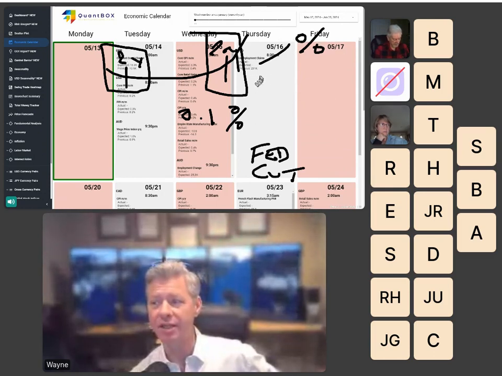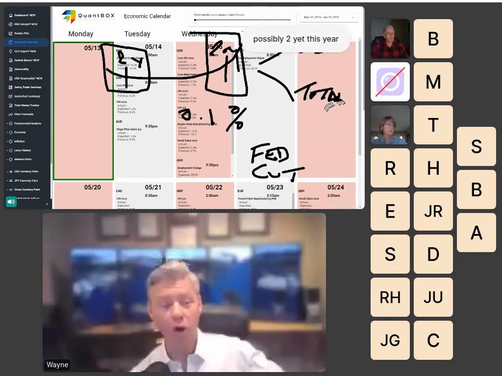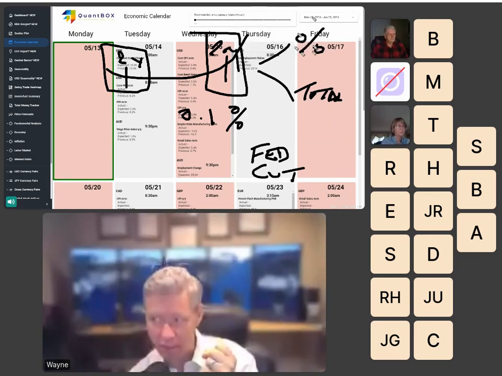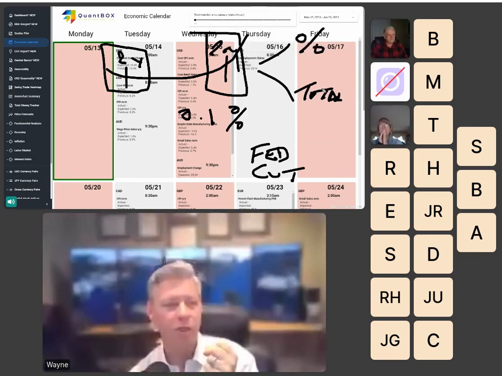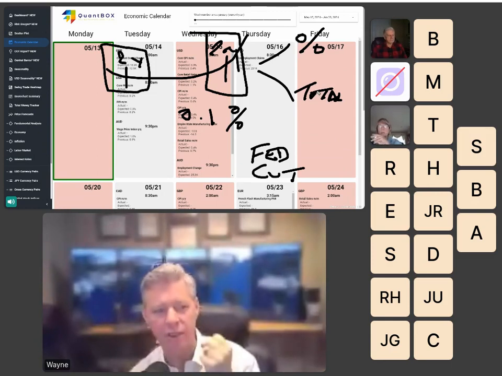But if the Fed cuts, the value of owning the asset that is paying me the income goes up. So it's like owning an apartment building and I'm collecting rent every month. Cool.